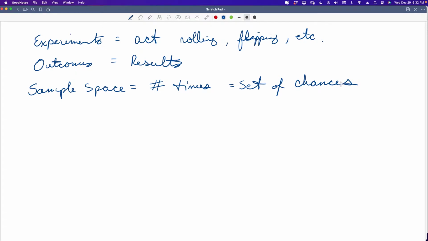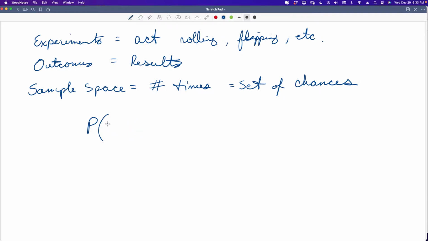So we define the probability of a particular event as the number of outcomes that satisfy the requirement divided by the total number of outcomes in the sample space. So the probability P of our event, right? That's our experiment. Let me write that in here.